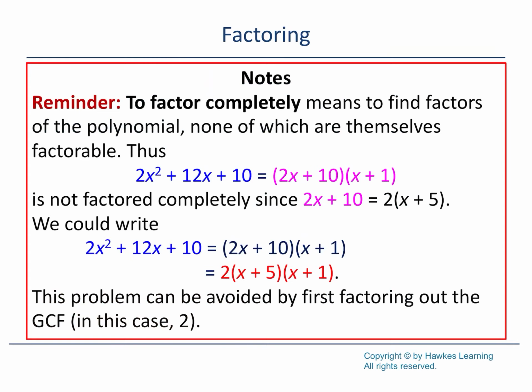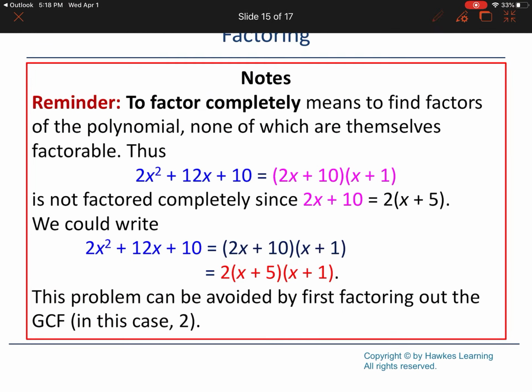Okay, so just a couple of things to note. If it says factor completely, then every answer you get has to be completely factored. If you notice in a problem like this, it works.